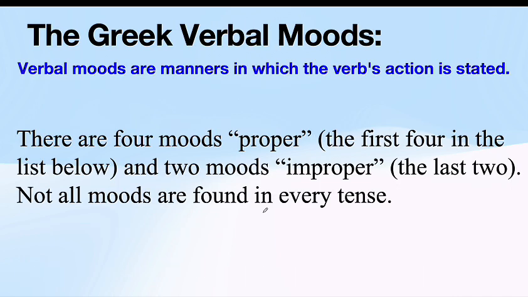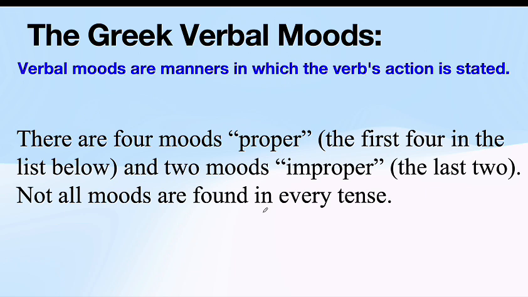Now let's talk about the Greek verbal moods. If a verb is about the action or state of being, then the verbal moods are about the manner in which the verb's action is stated.